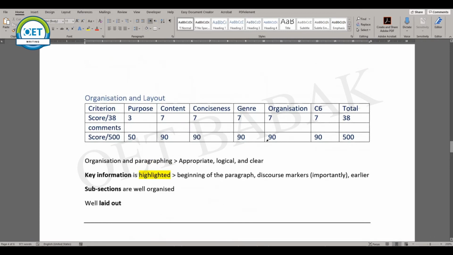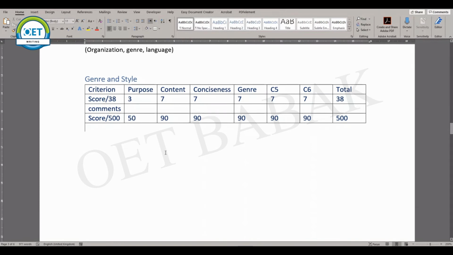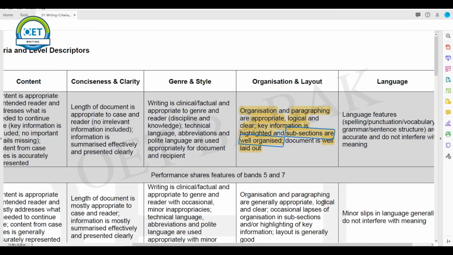Okay, so we got here to the organization. So purpose, content, conciseness, organization. Now we get to the genre. What is genre? If we come here, it says writing is clinical and factual and appropriate to genre and reader. It means discipline and knowledge.